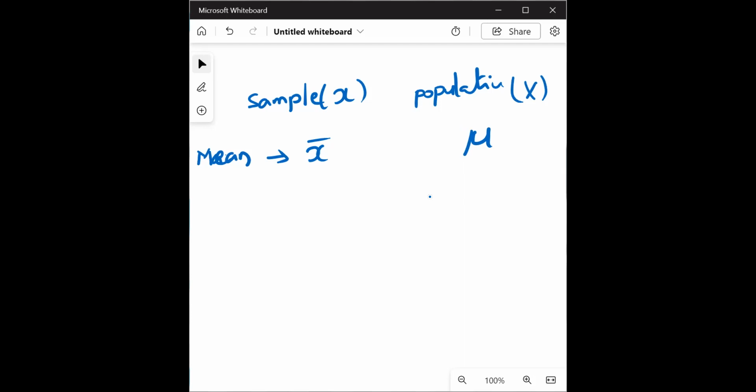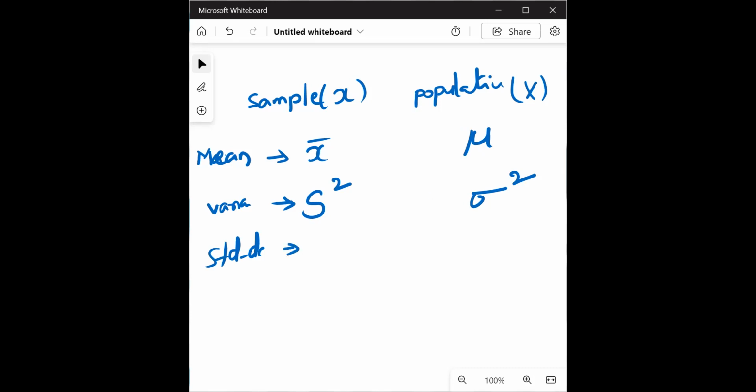The next parameter is the variance. For a sample, we can represent it with a capital S square, and in case of population, we represent it with sigma square. We have one more parameter, the standard deviation.